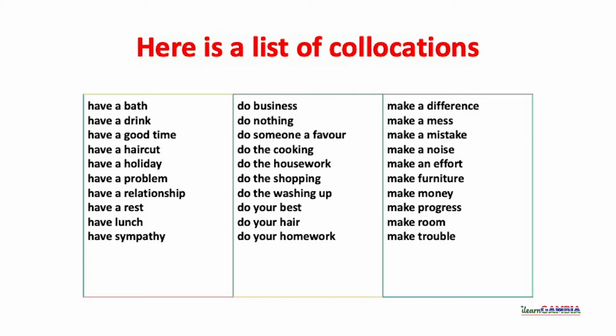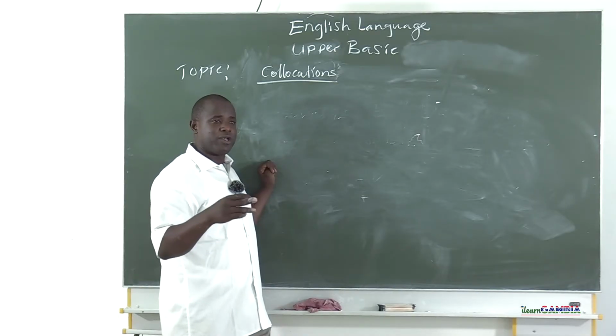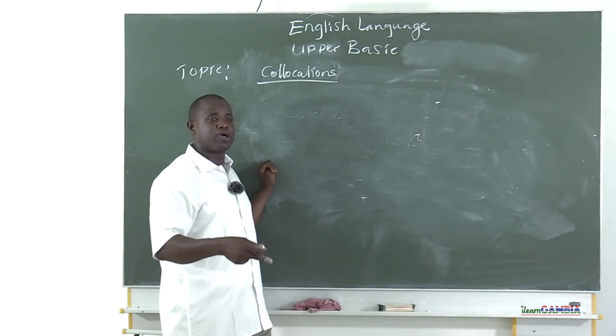Do someone a favor, do the cooking, do the housework, do the shopping, do the washing, do your best, do your hair, do your homework, make a difference, make a mess, make a mistake, make a noise, make an effort, make furniture, make money, make progress, make room, and make trouble. See, all these words are highly frequently used in English language. So we call them collocation because many a time they occur together.